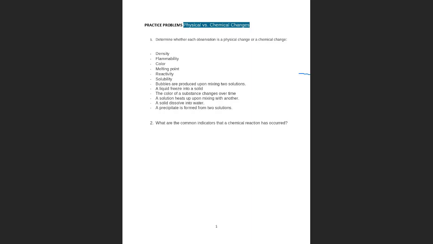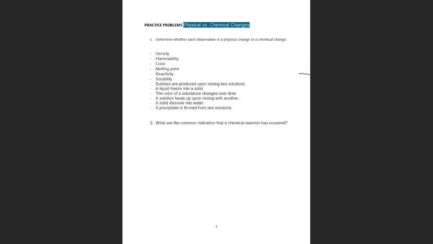Let's go to the first one, density. Take your time. Is it a physical change or a chemical change?